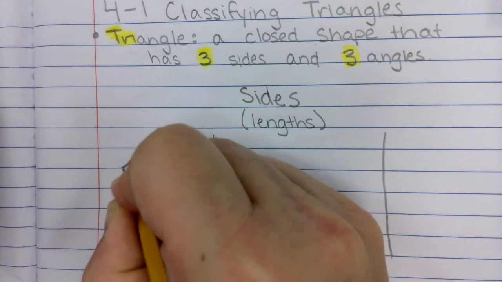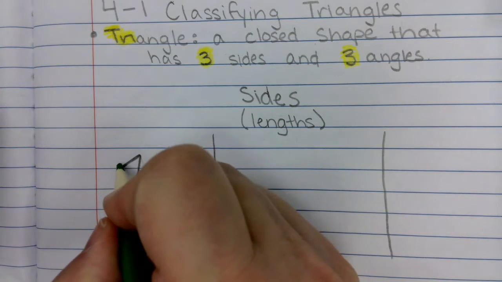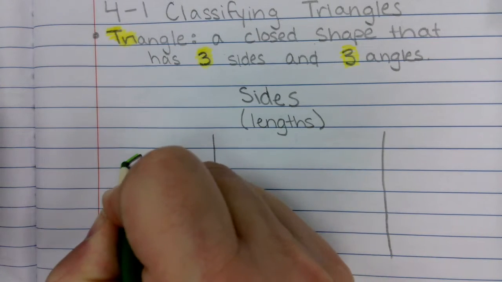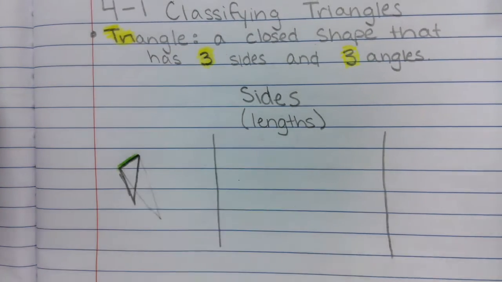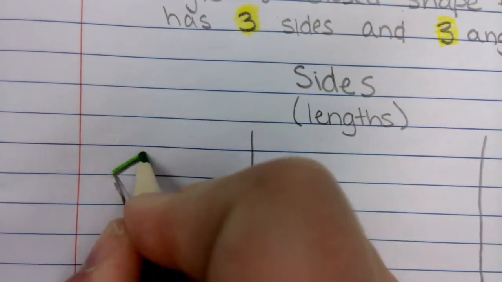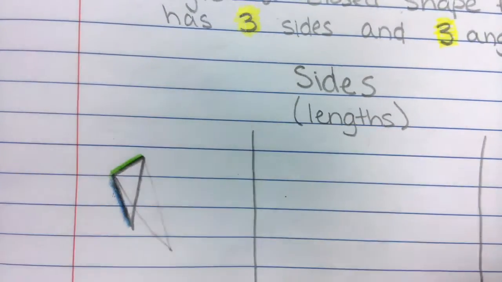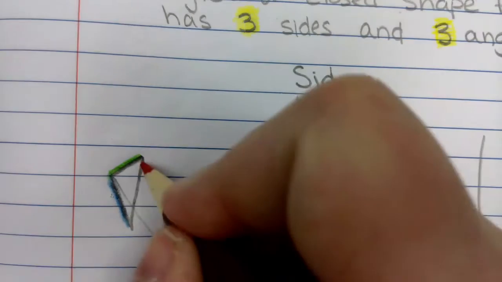So I'm going to color code each of those sides different. So this one, it will be green. And then I'm going to do one side blue. And one side red. So that way I'm seeing that all 3 are different.